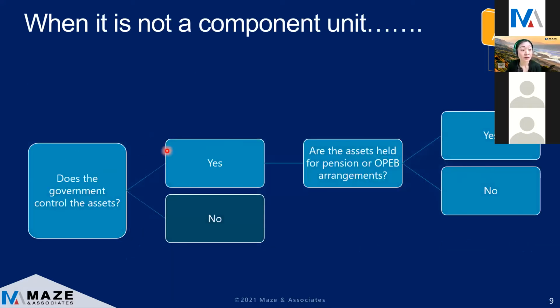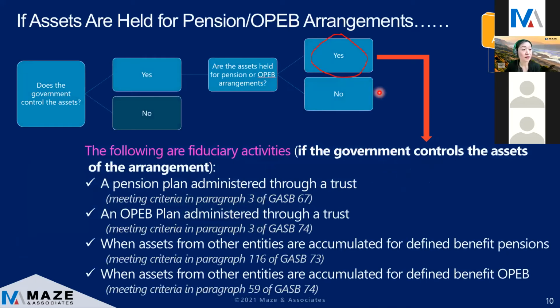But if you hold the assets, and they don't qualify as component units, then you ask yourself this other question. Are the assets held for pension or OPEB arrangements? If it is a yes, then you come to this other criteria.